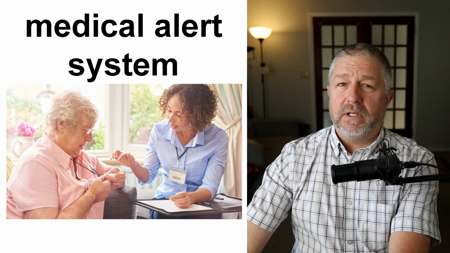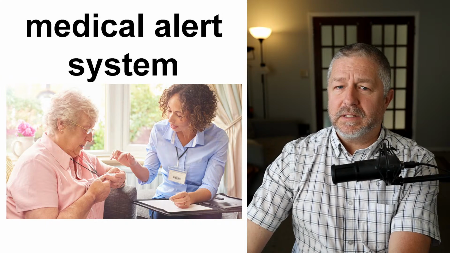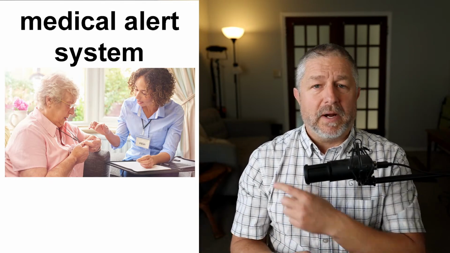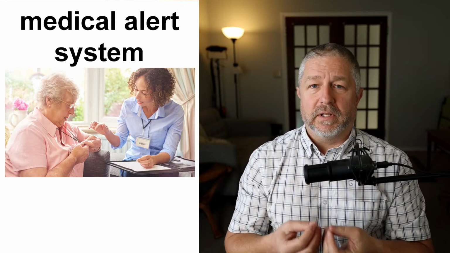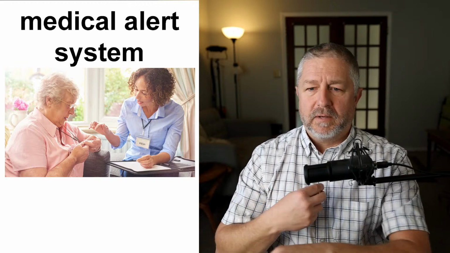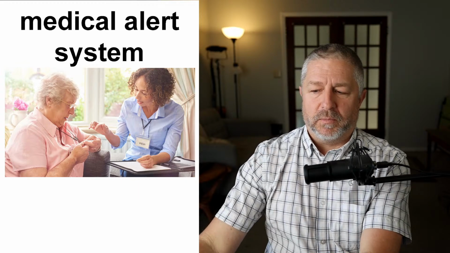And it's generally used by people maybe in their 70s or 80s. Usually if they live by themselves, they might have this. If you have a medical condition and you live by yourself, you might have a medical alert pendant. It's like a button that you can push, or there might just be a button somewhere in your house.